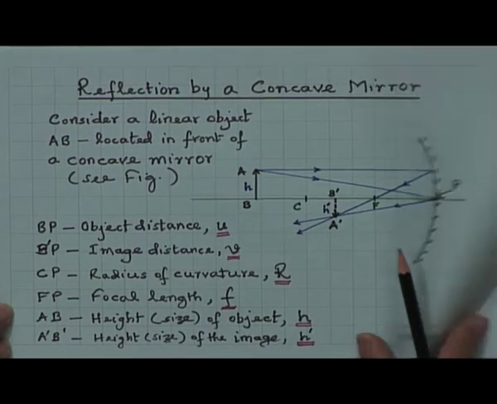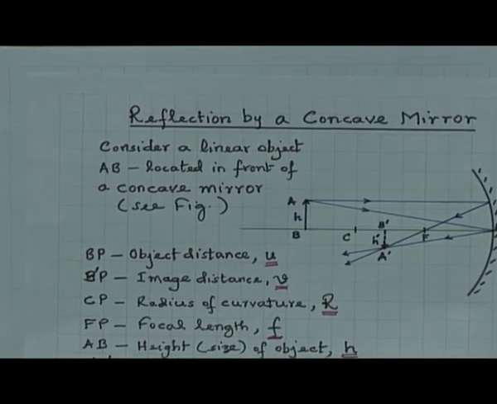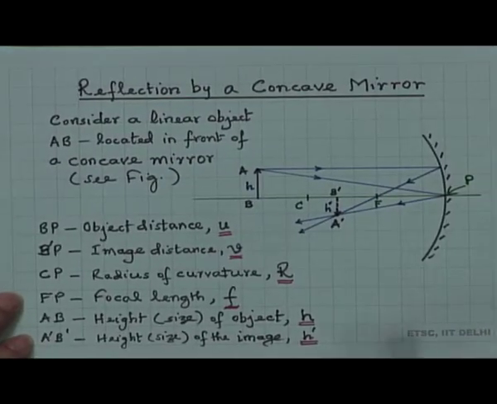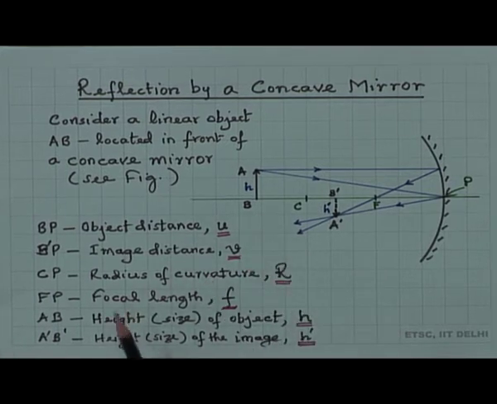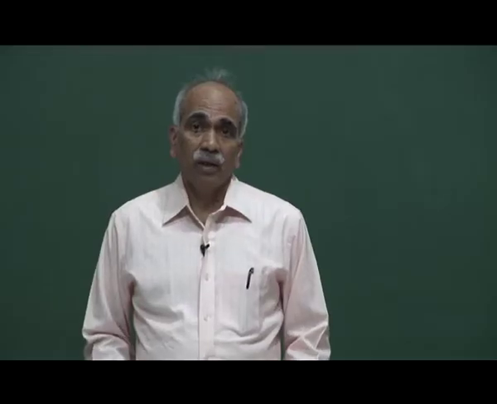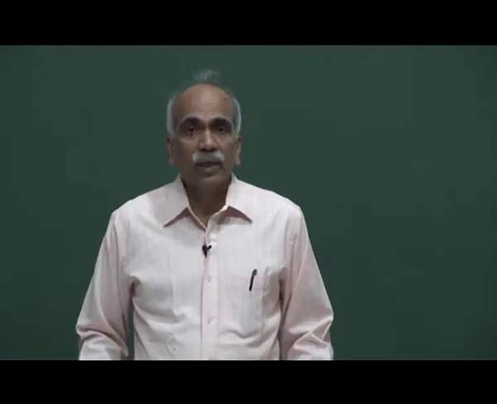Before we discuss the formation of the image, a very important point to remember is to follow the sign convention. We have to follow a sign convention so that the formula that we will derive subsequently will be applicable for all cases.